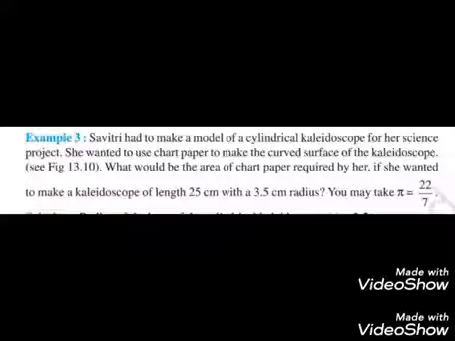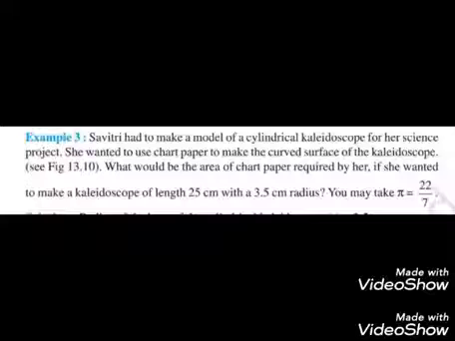Here they have clearly given what the shape is. The shape of a kaleidoscope is a cylinder, and we have to make it using chart paper. We have to find the required chart paper, and the portion to cover is clearly the curved surface of the kaleidoscope.